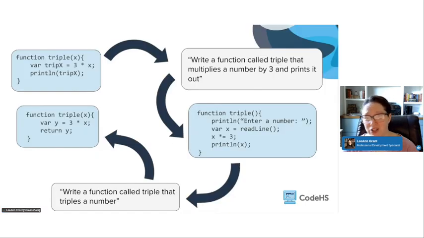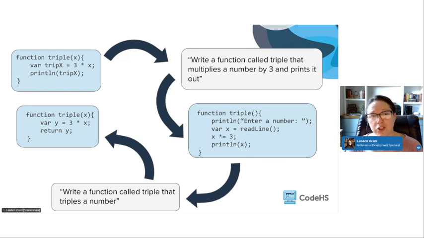We are going to start off with this piece of code here. I'm going to give a piece of code to one student. The student then needs to give directions to the next student on what that function or piece of code actually did.